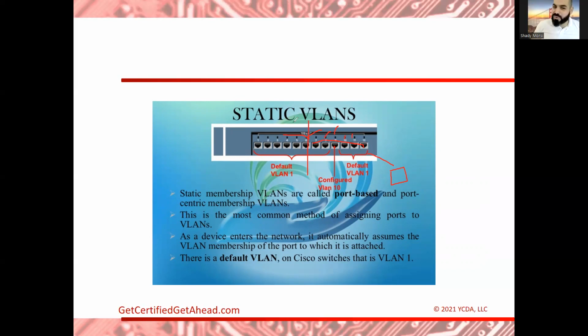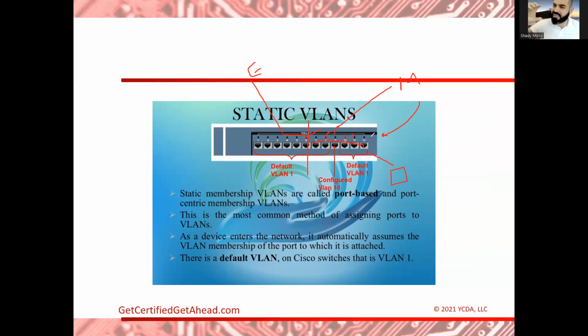So this is now considered 2 switches: a switch for the engineering team and a switch for the marketing team. Even though they are on the same hardware, I virtually separated them.